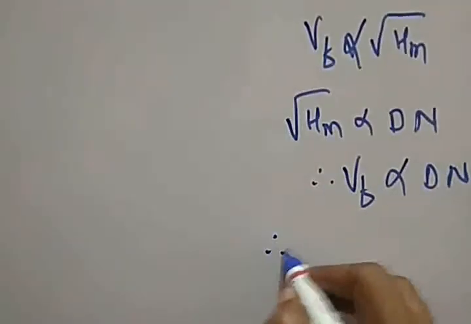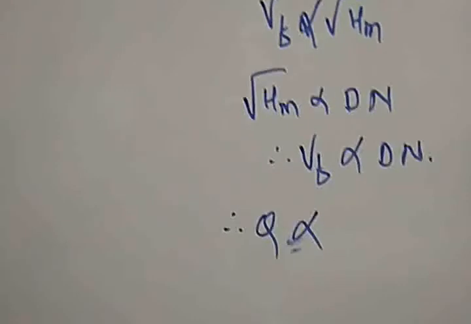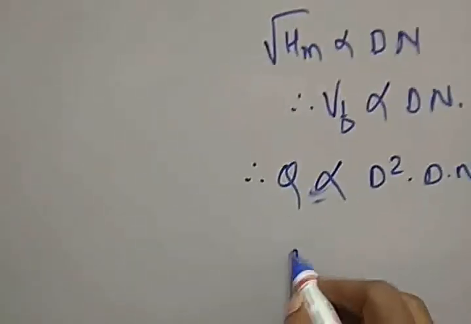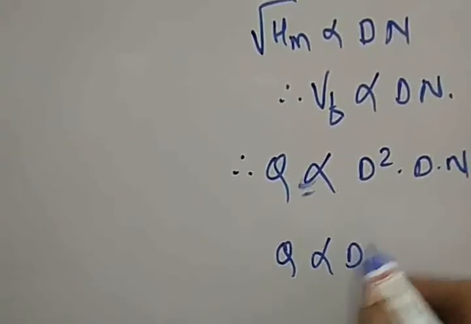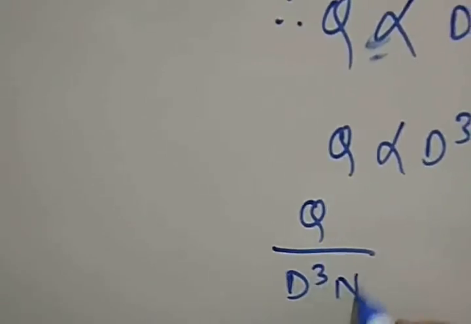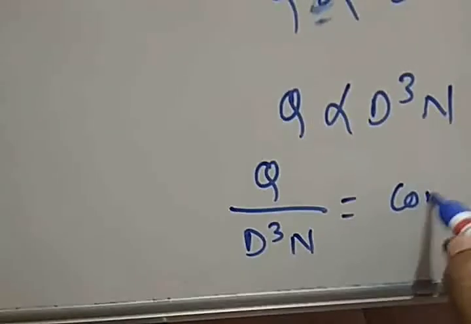Hence I can write q proportional to d square into d into n, that is q proportional to d cube n, or q upon d cube n is equal to constant.